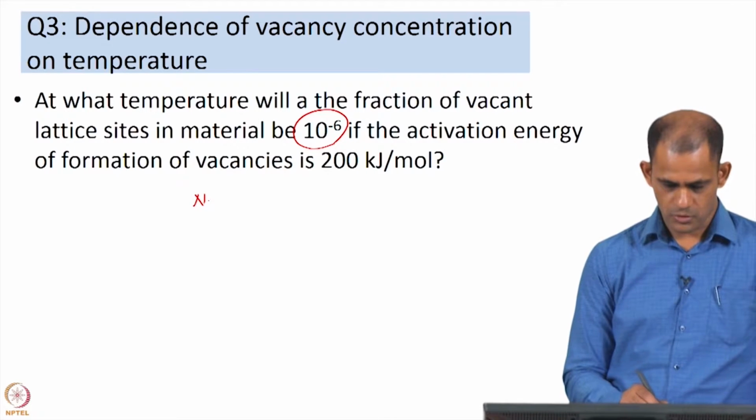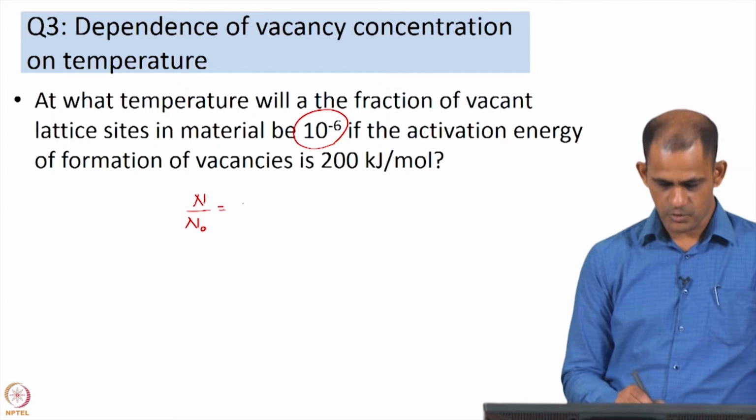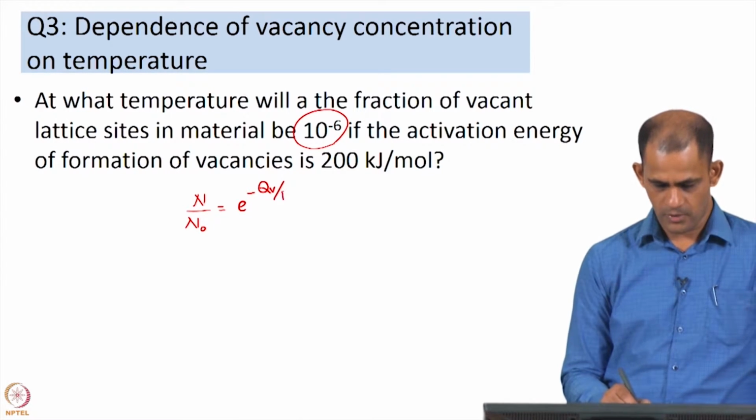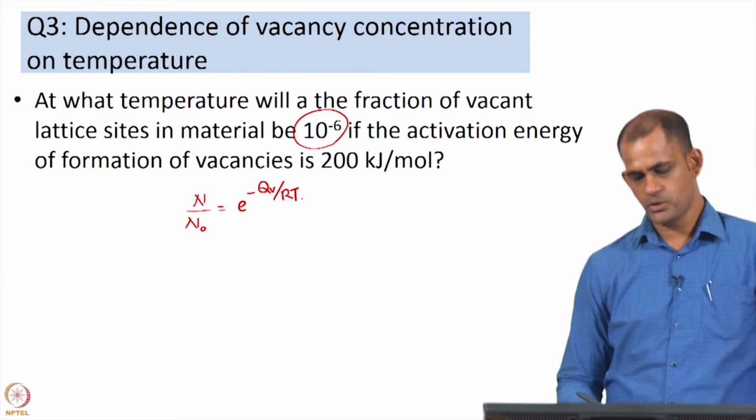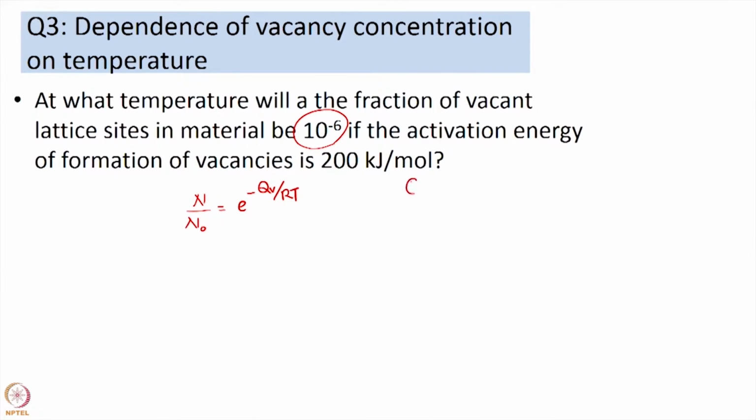To solve this question we are going to use this relation. So, n over n naught is approximately equal to e to the power minus Q v over R T. So, Q v is the activation energy for formation of vacancies.